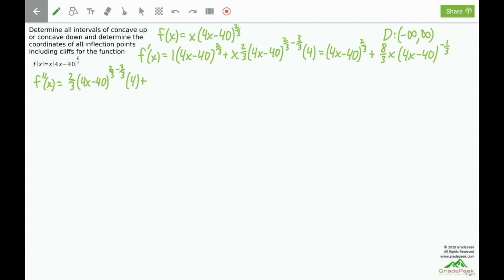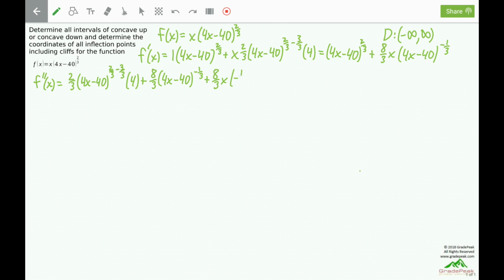plus the second is a product rule. We'll have the derivative of the first, which will be 8/3, times the second left alone, plus the first left alone, which will be 8/3 x, times the derivative of the second, which is a power rule.